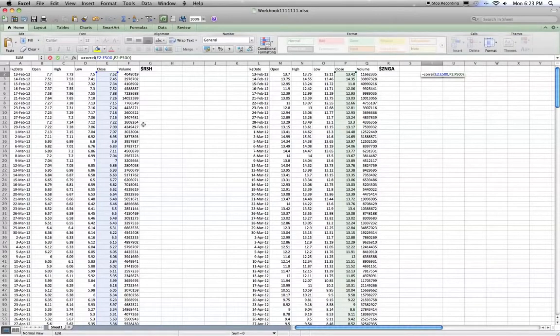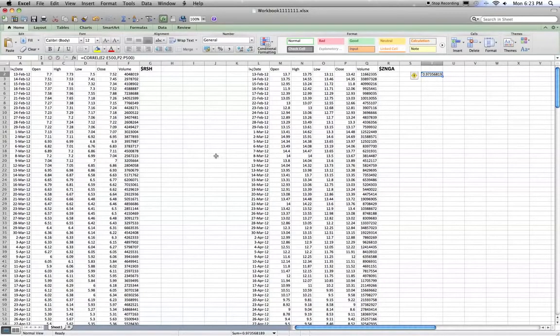So once you have typed this in for the CORREL, just hit enter. As you can see, this one has a 0.9735 correlation, which translates to 97% correlation. So these two stocks are highly correlated.